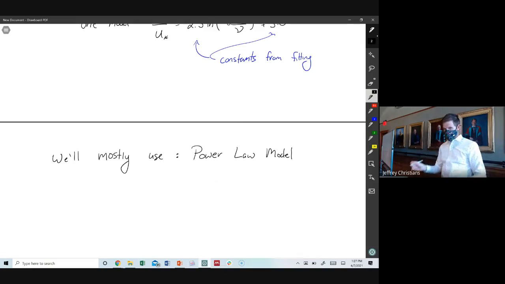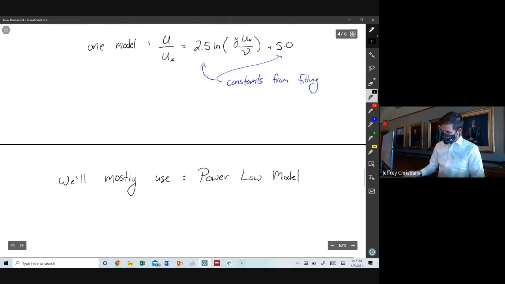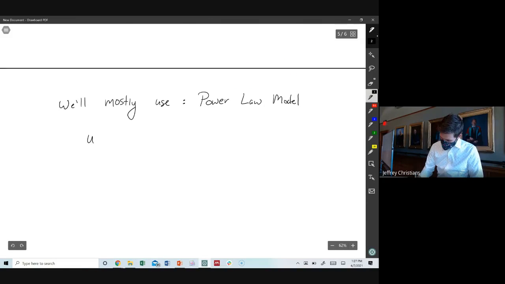Again, this is an approximation based on an experiment. With this model, it's going to be the same kind of form. This is max velocity, right?